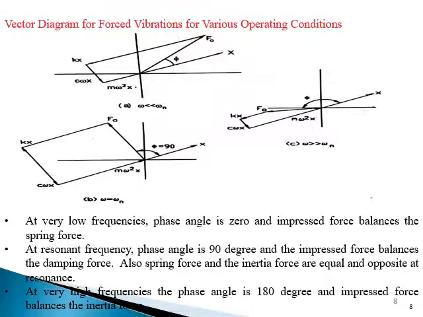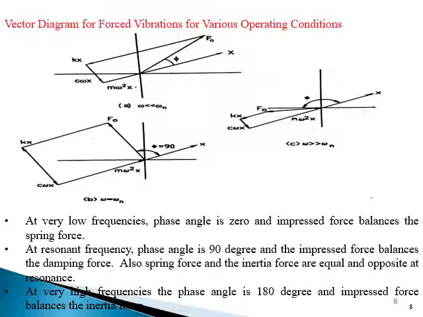Now there are various conditions of this force polygon diagram. First, when there is very low frequency, omega is very low compared to omega n, the phase angle is 0, meaning phi is 0.